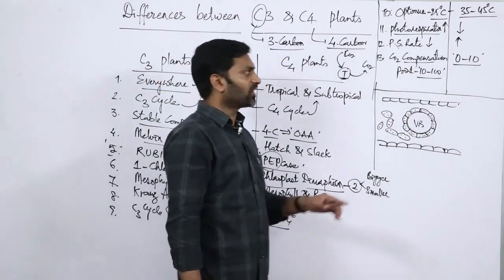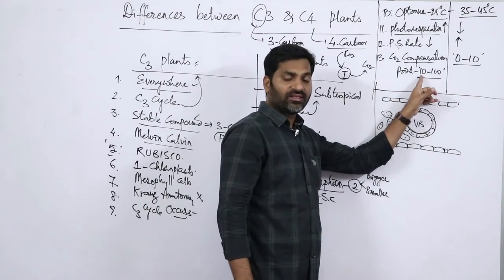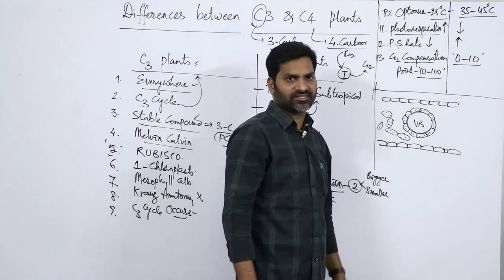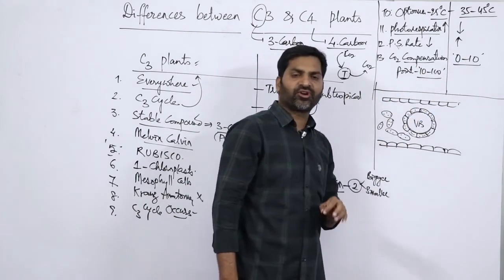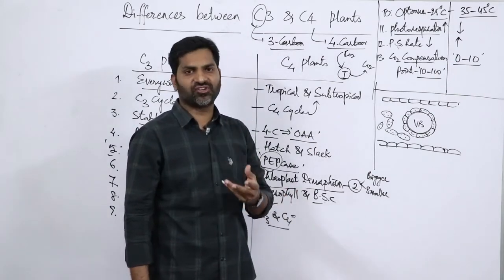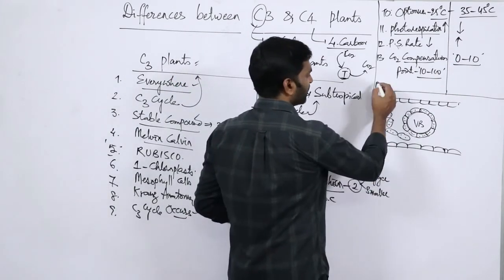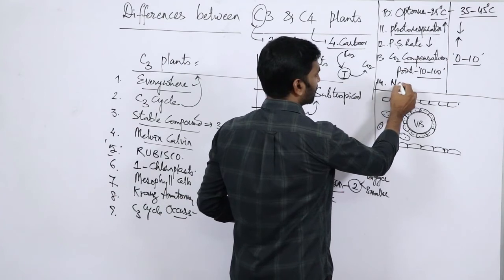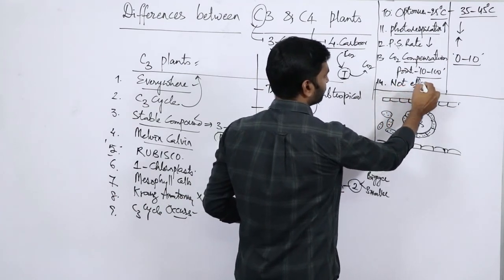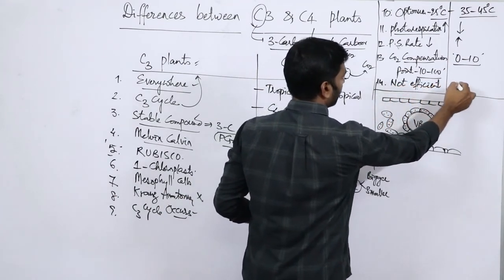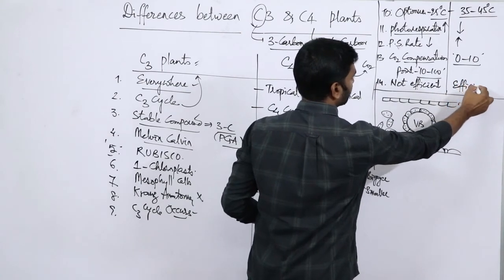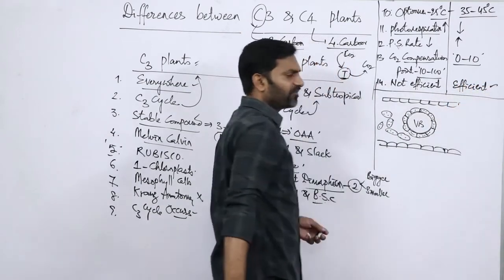If the CO2 compensation point is more, those are not efficient plants. If it is less, those are very efficient plants. Hence C3 plants are not efficient, and C4 plants are very efficient.